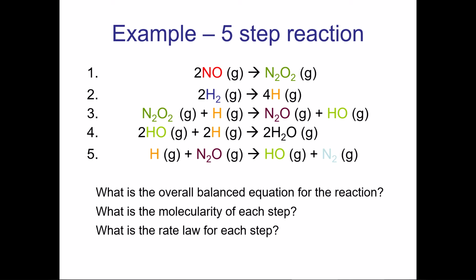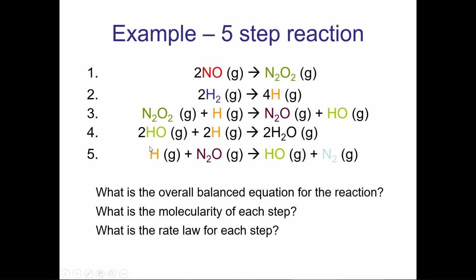And this would be rate is equal to k times H2. Step 3, we're back to a bimolecular step because we have 2 different molecules that need to collide in order to produce N2O and HO. So this is bimolecular. Rate is equal to k times N2O2 times H.